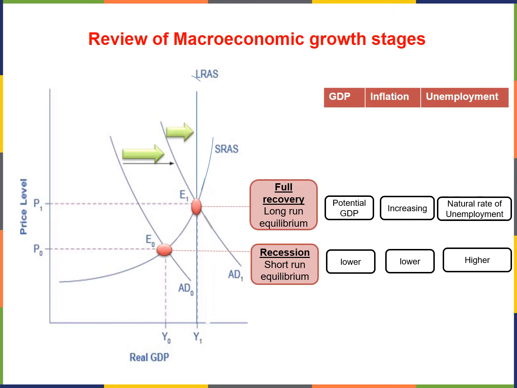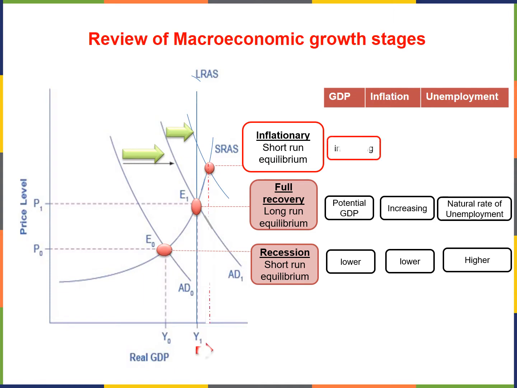As aggregate demand continues to shift to the right, we reach another equilibrium described as an inflationary economy. If you notice, at that inflationary equilibrium, GDP is higher than potential GDP.